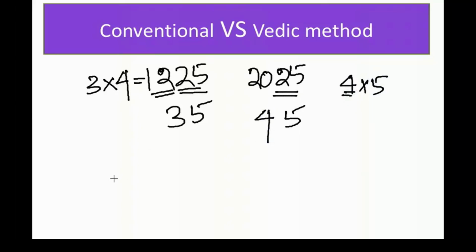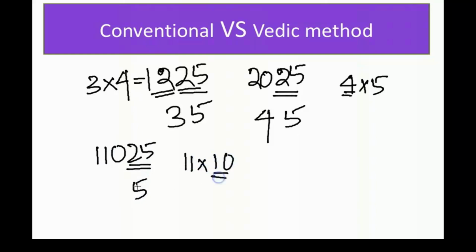Now you can easily see how effective this method is compared to the conventional way. Now we are going to discuss the next case: finding the square root of a number ending with 25. Finding a square root in the conventional way is really difficult, tedious and involves a lot of hit and trial. But here it will be quite simple.